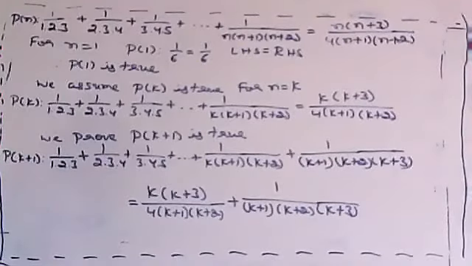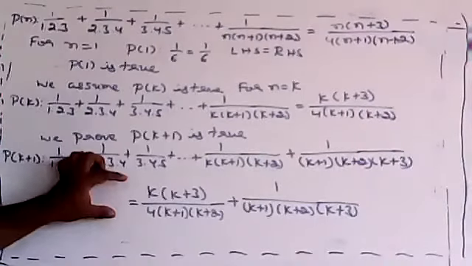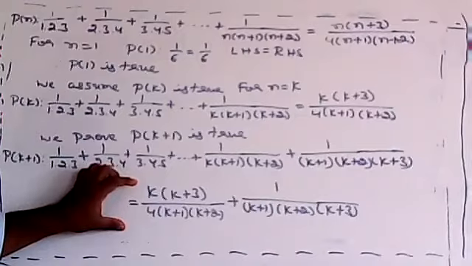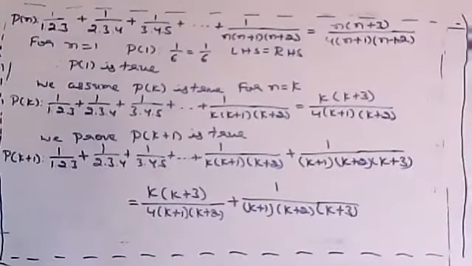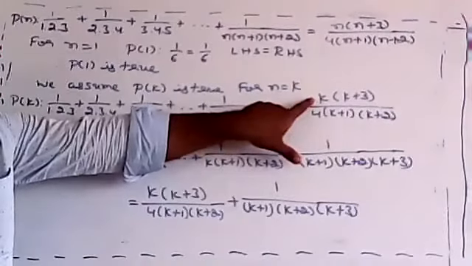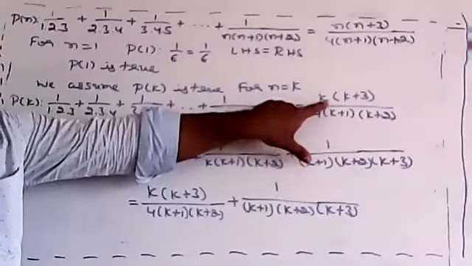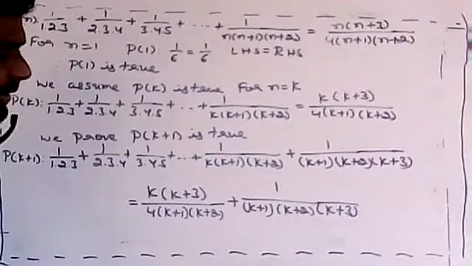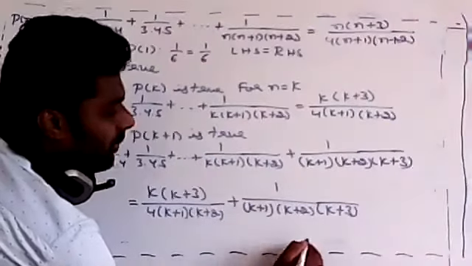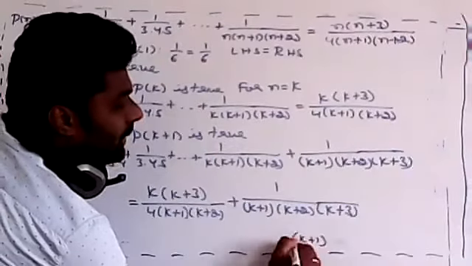Now, we have to prove that P of k plus 1 is true, no? P of k plus 1 is true. So it means what? In the place of k, RHS side, we want k plus 1. So answer should be what? So here I'm writing that one. Answer should be in the form of k plus 1.